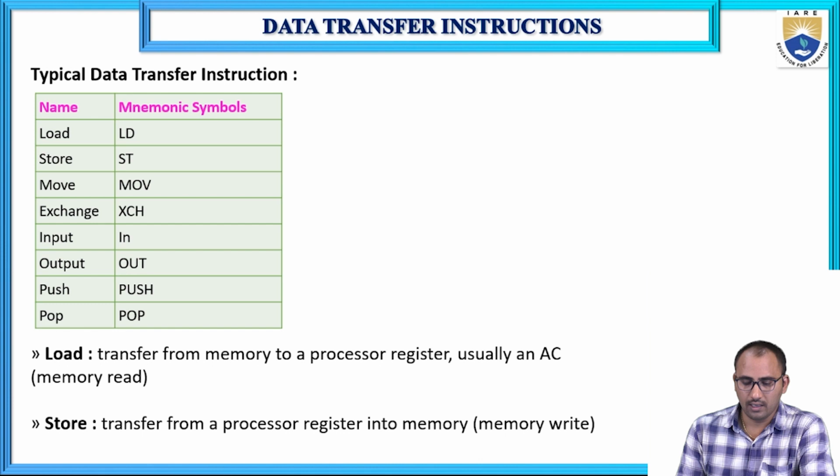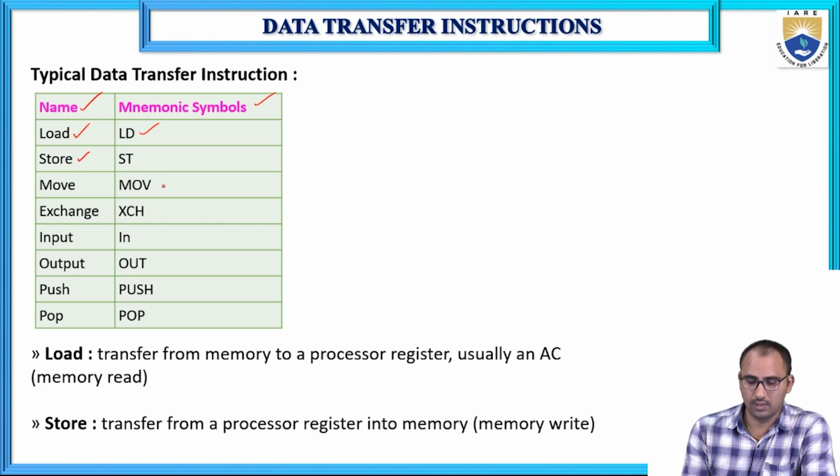Let's see the examples of the data transfer instructions. Here we have specified a name and their mnemonic symbols. The first one is load. Load instruction is represented with LD.